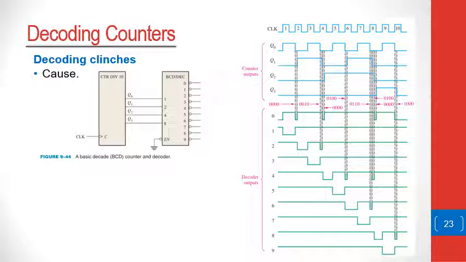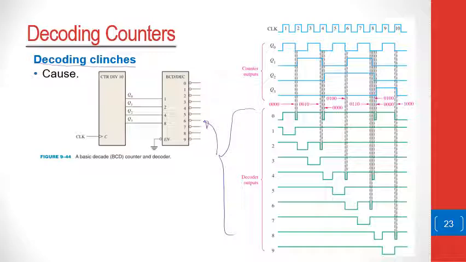One other important issue to take note of is that in the real world, because of propagation delays, there are always decoding glitches. Decoding glitches will be caused by the fact that, for example, you look at the decoder outputs here, which are active low.